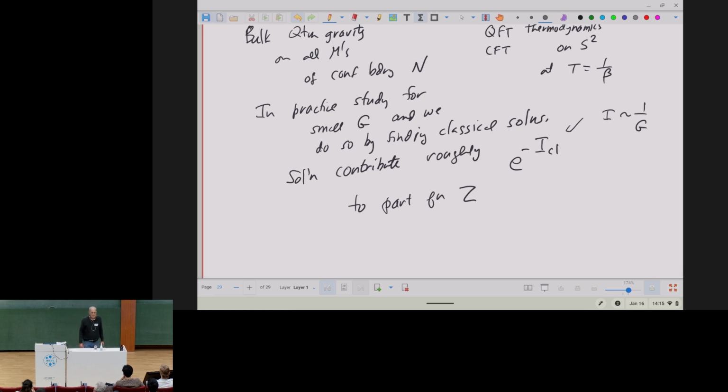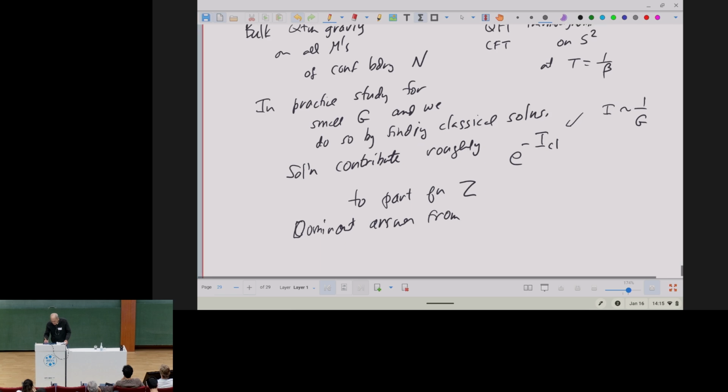So, as g goes to 0, of solutions with different actions, the one of lower action dominates over the one of higher action by an exponentially big factor. So one expects the dominant answer from the classical solution of least action.